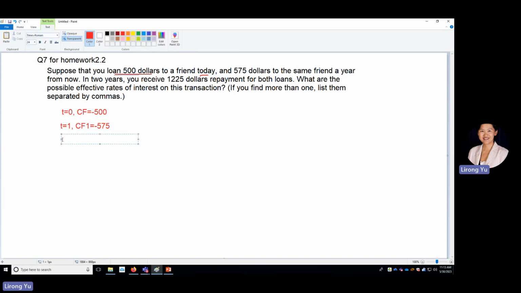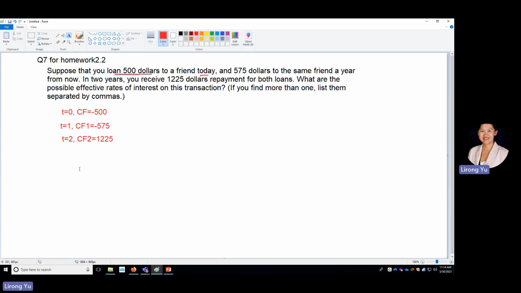Obviously the total is larger than the total money that you loaned. So that's cash flow 2, 1225, which you can enter into the BA II Plus calculator. That is a positive cash flow for you because you get your repayment.